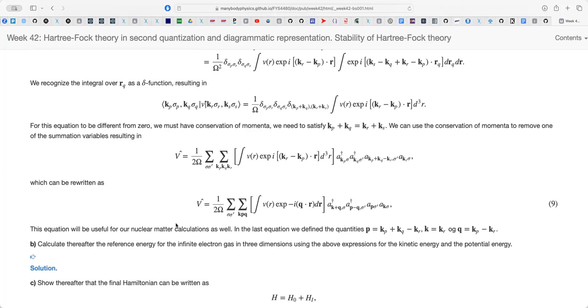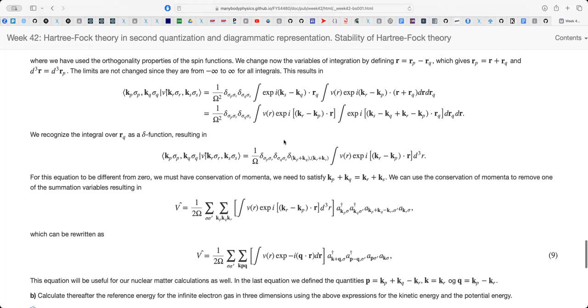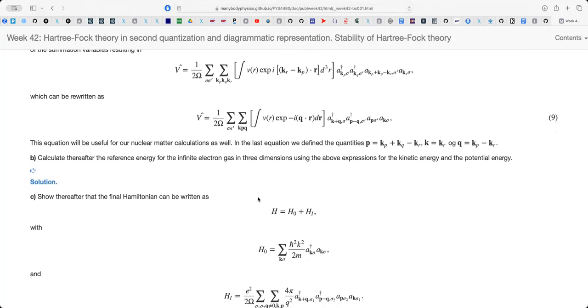If you look at a neutron star, the expected number of neutrons and protons is something like 10 to the power of 57, which we can essentially treat as an infinity. And the same type of calculations which you see here for the electron gas can also be used for nuclear matter.